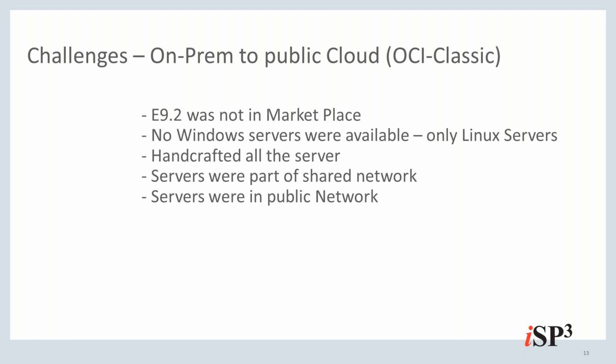And the other two biggest things: the only network they had was a shared network and a public network. Shared network means you are on the cloud, but even though you have a private IP address, you don't know whether any other tenants use the same range.